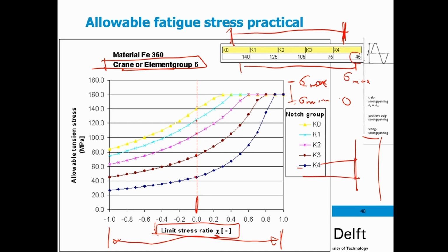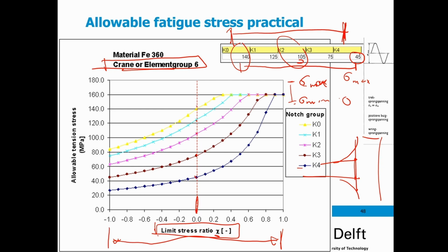Then my allowable stress is only 45 megapascals. And if I do have welds, but I make it nice, maybe I can come to K0. Maybe that is too hard, but K2 is easily reachable. I have 100 megapascal allowable stress.